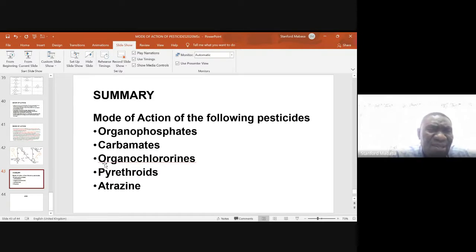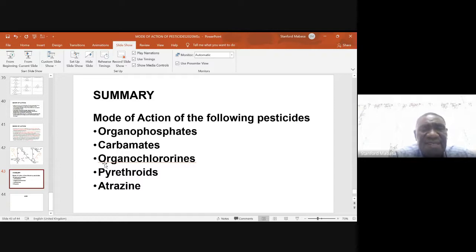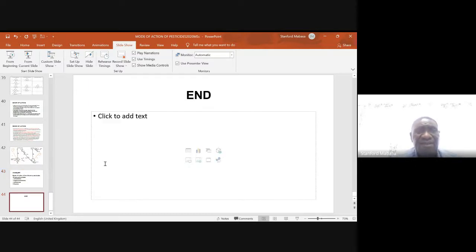We know there are a lot of pesticides which we can cover, but we think these represent some of the important groups with the mode of action which is similar to common pesticides. So this is it on the mode of action of pesticides.